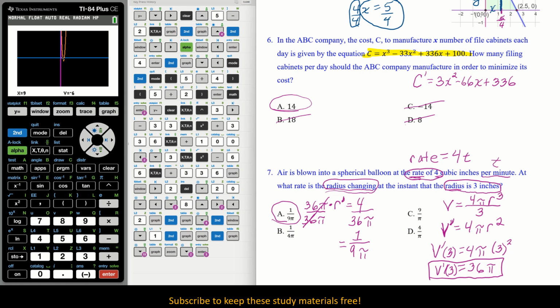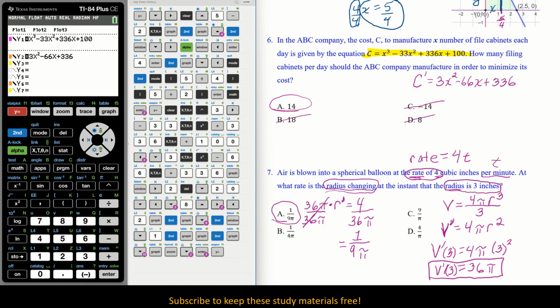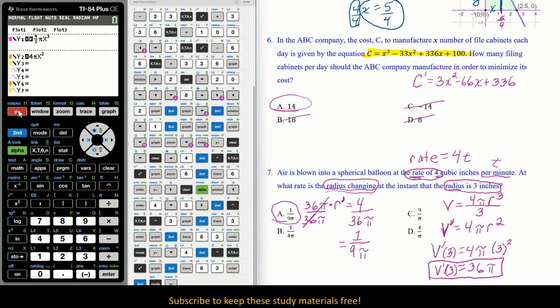Now let's put 4 pi r squared in our y and see what we get. I've put them both in there, but to be honest, this just proves that those same techniques don't help us here.